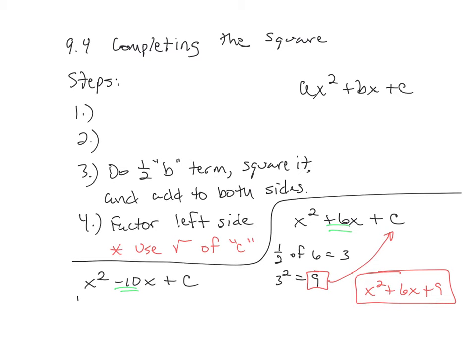So we're going to do half of 10, 5, 5 squared, 25. Okay, and that's the answer for the problem, because it just says find the value of C that completes the square. So it just wants to know what's supposed to go where the C is.